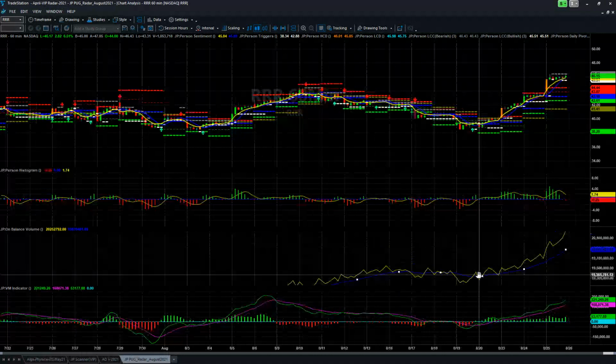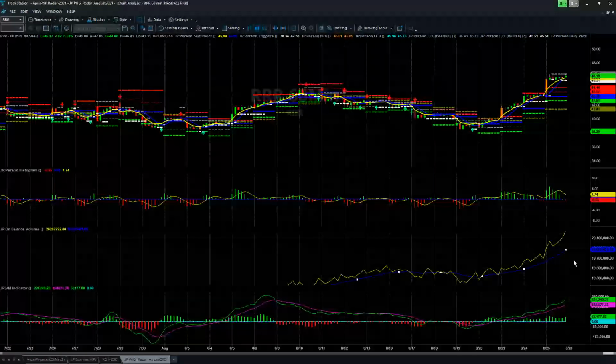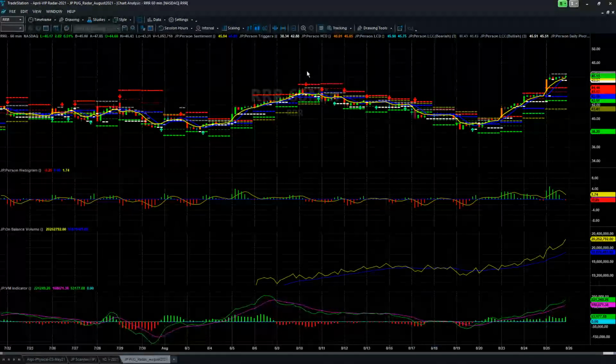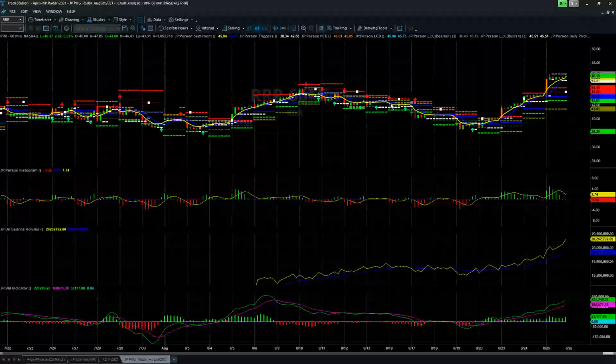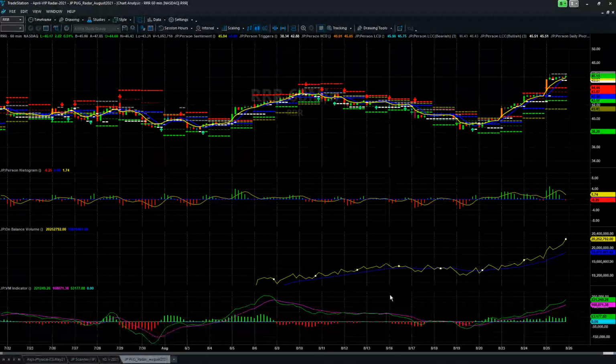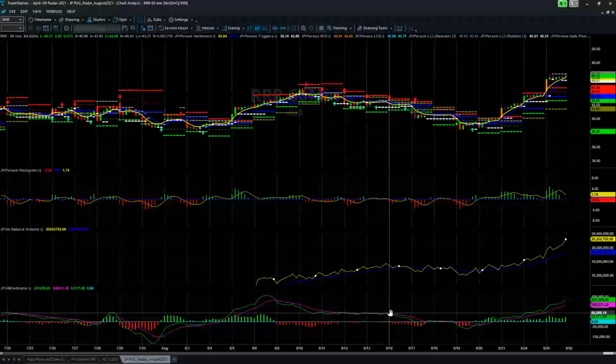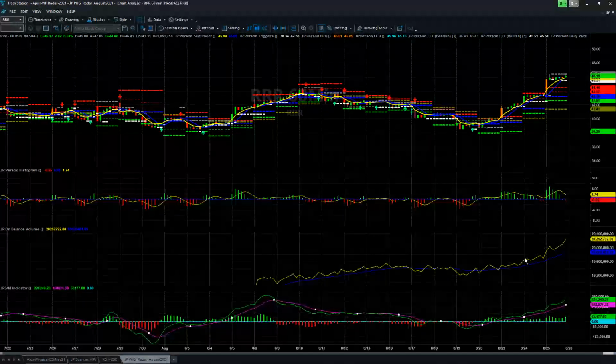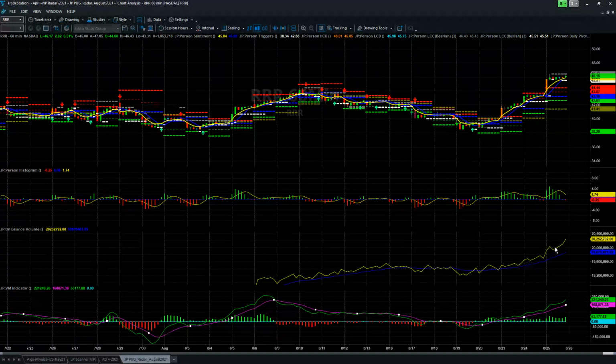If it's true that volume precedes price, if you notice that the previous high in on-balance volume, we exceeded even my volume indicator. We started to exceed, volume started to lead.